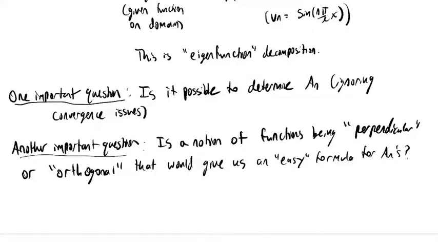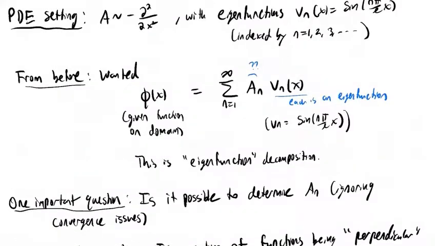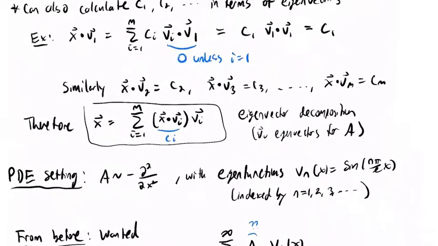And so what do I mean? I mean something like an, and I'm going to put this in quotes because it's not mathematically rigorous. How did we calculate Ci? We just took the dot product of the vector x with the corresponding eigenvector.